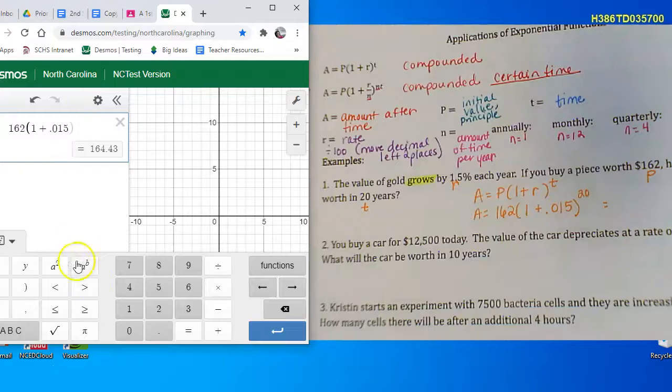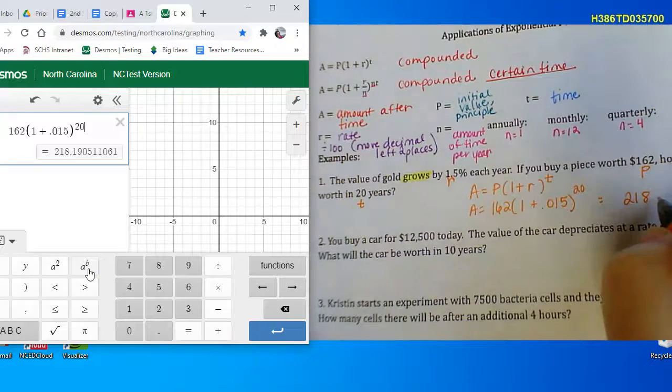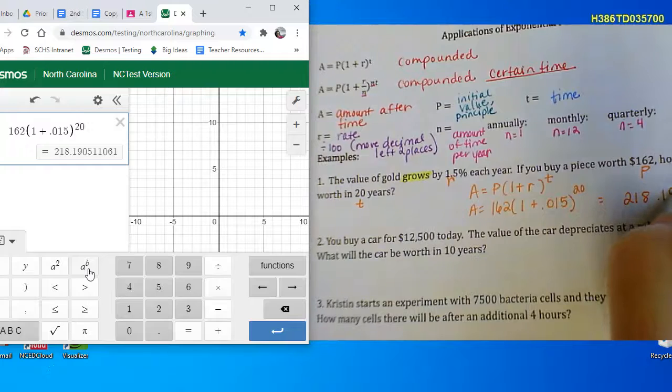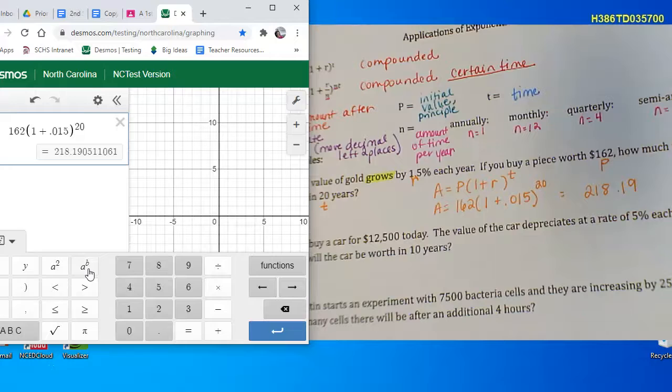And then just a reminder, this A to the B button is where you get your power. And you put 20. And so it looks like after 20 years, you get $218.19, which is not a lot of an increase after 20 years. But basically it's because that percentage was a very small percentage that it was growing by.